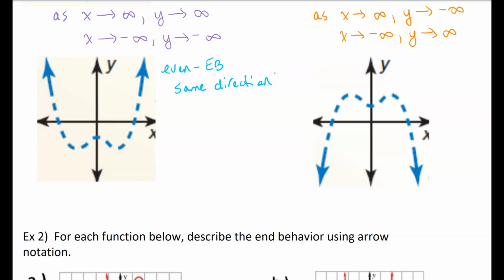They do continue on forever, but we're talking about the same direction as in they're both going up. Same direction in y. Be a little more specific there. Okay, is this a positive or negative lead? Positive lead, and we know this because it opens up.